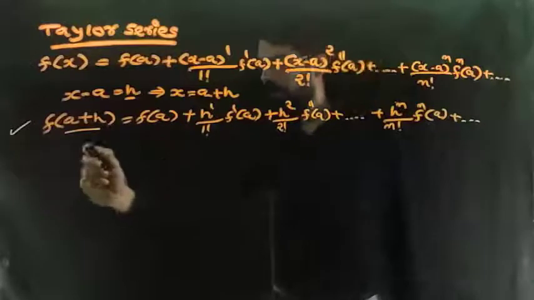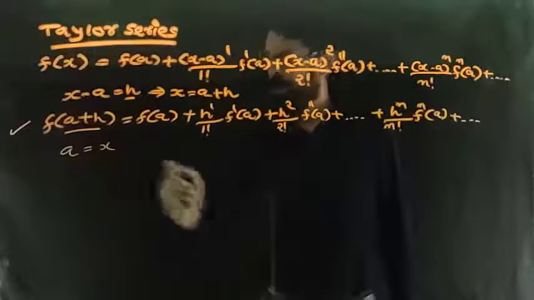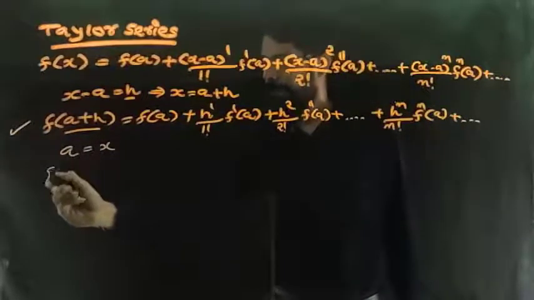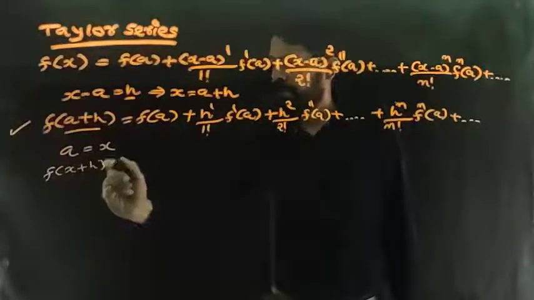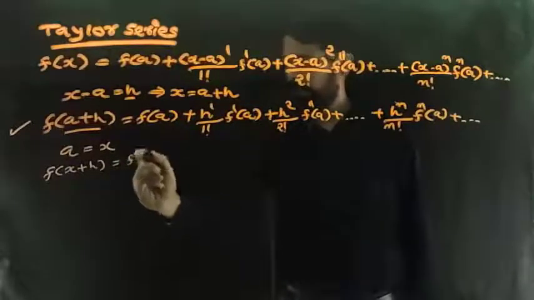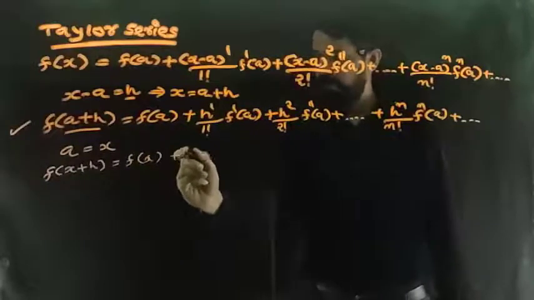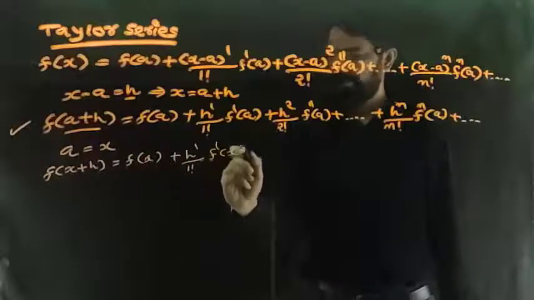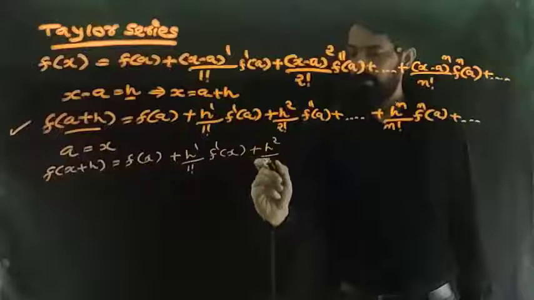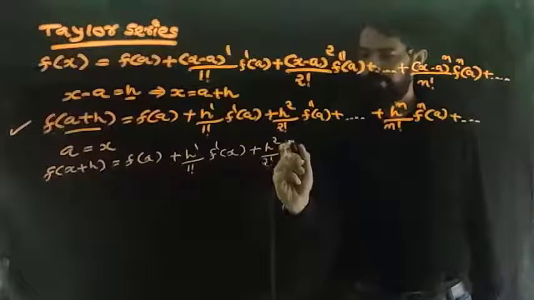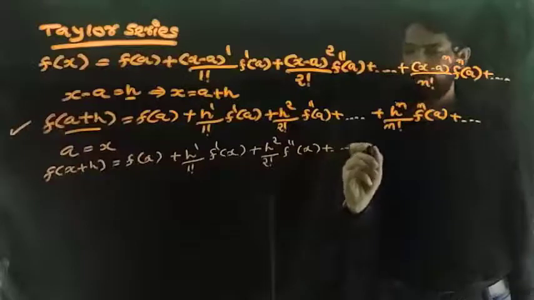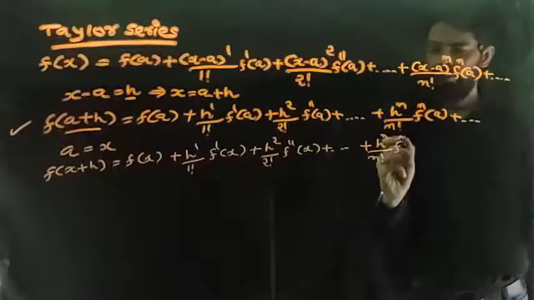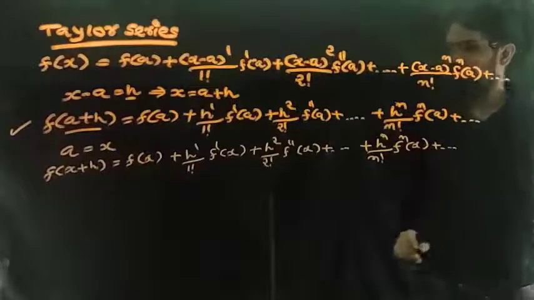Now suppose we put a equal to x. Replacing a by x, we get f(x + h) = f(x) + h^1/1! f'(x) + h^2/2! f''(x) + and so on, plus h^n/n! f^n(x) + and so on.